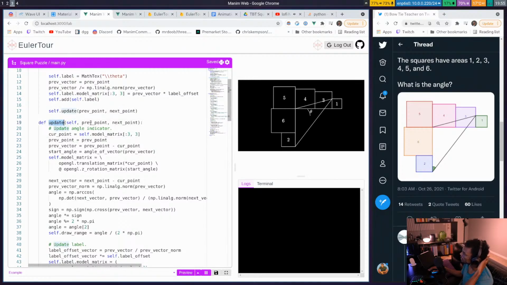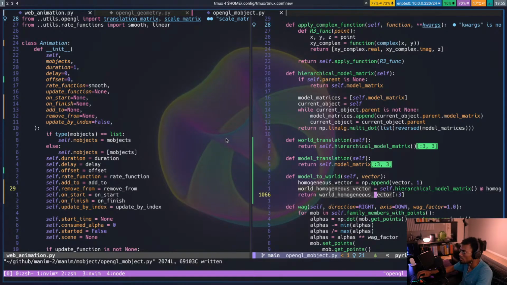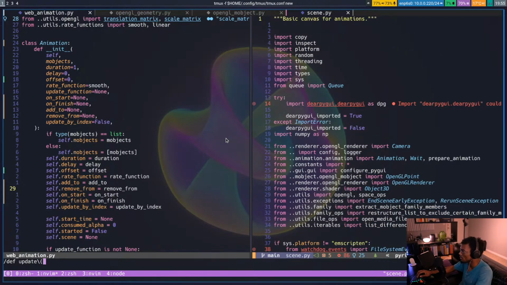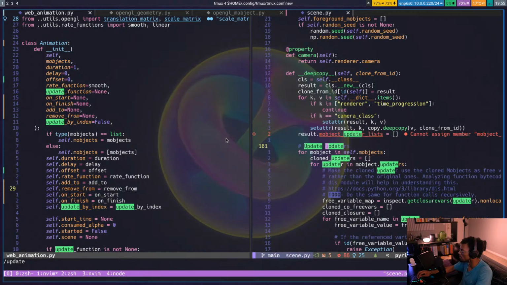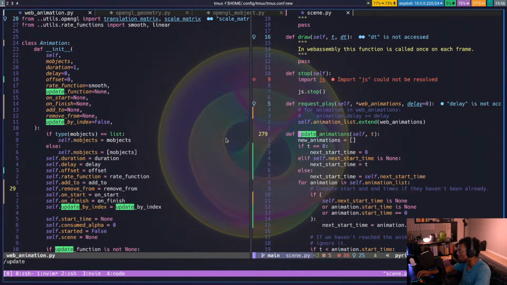Oh, you know, it might be annoying. I think update gets automatically called by Manim. And that's kind of annoying. If I could have seen that pie... I actually don't see it here. Next for... wait. Update animations.